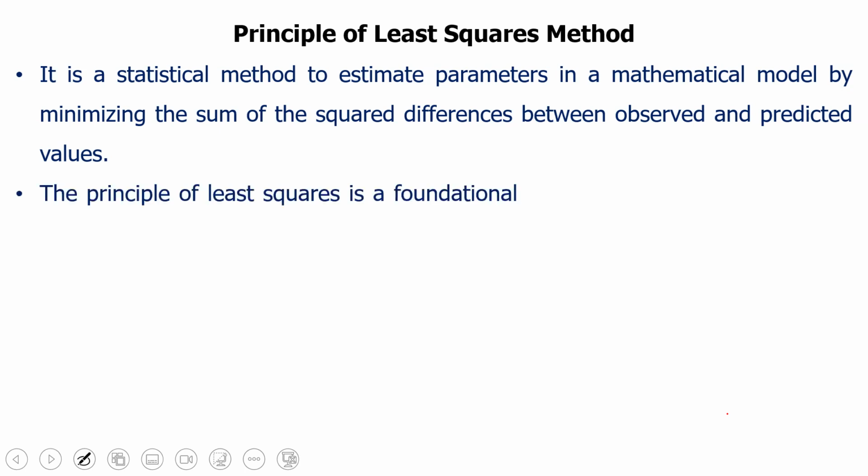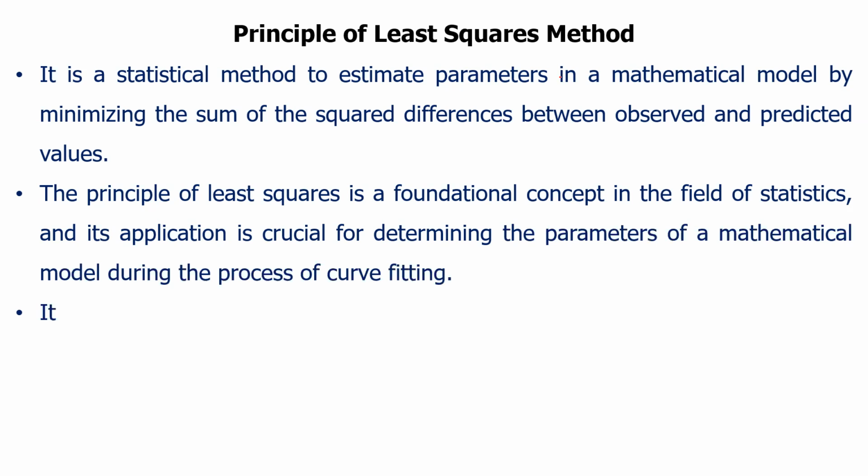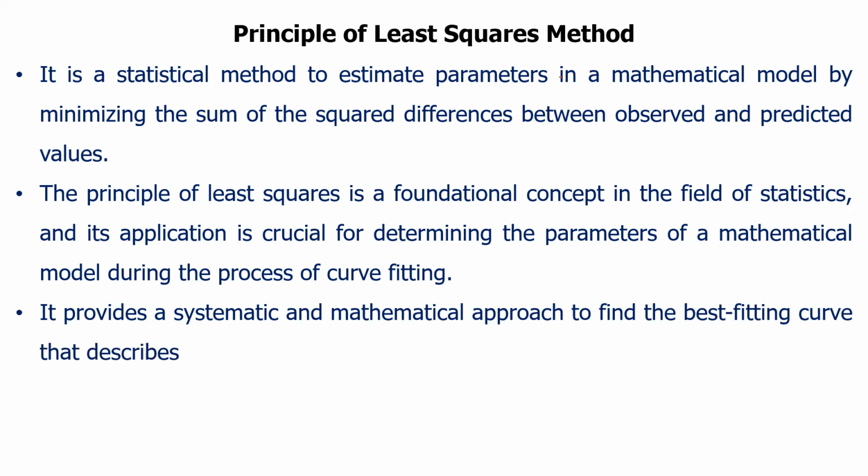The principle of least squares is a foundational concept in statistics, and its application is crucial for determining the parameters of a mathematical model during the process of curve fitting. It provides a systematic and mathematical approach to find the best fitting curve that describes the observed data. With the help of that observed data, we are able to find the relation between the dependent variable y and independent variable x.